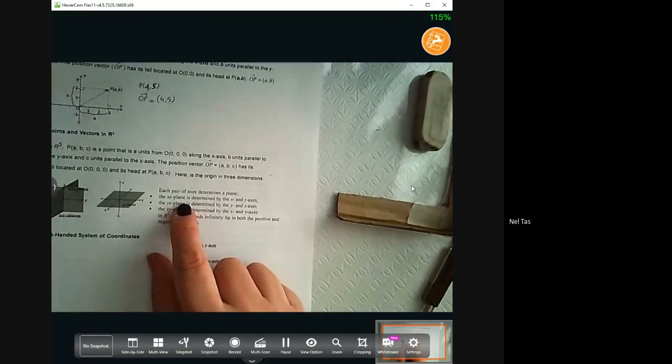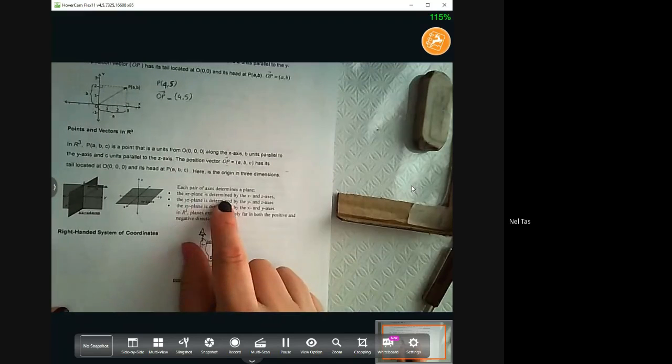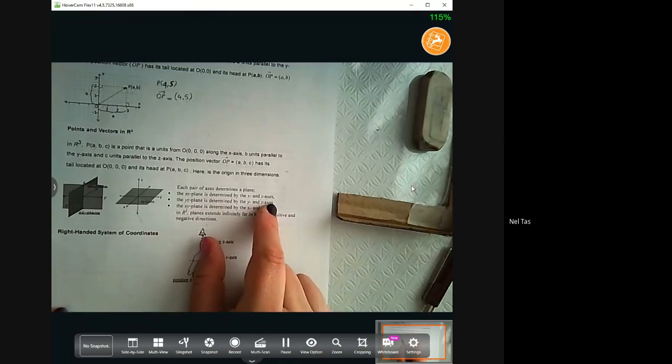The XZ plane is determined by the X and Z axes. So I'm going to use a piece of paper here to show you what the XZ plane is. This is the X axis, that is the Z axis.